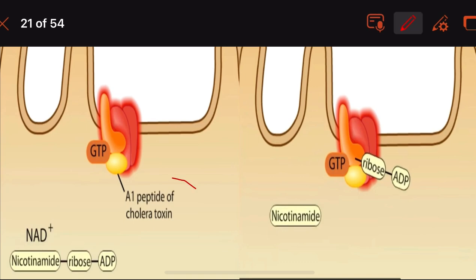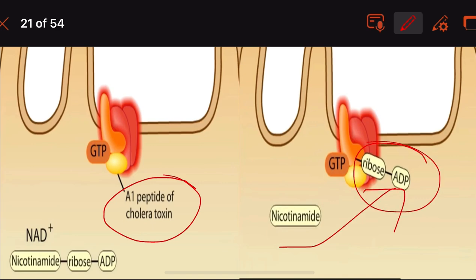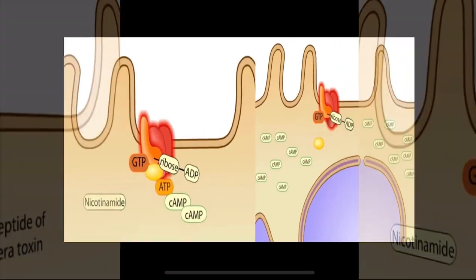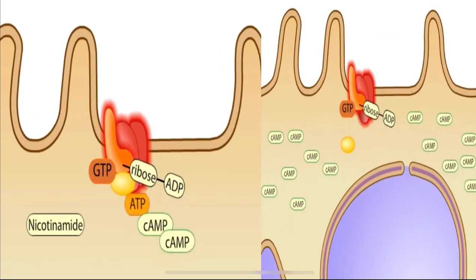This ribosylase action is happening. The ribose sugar and ADP molecule is added to the G protein's alpha subunit. Okay, and now what happens? This is an ADP ribosylation reaction.